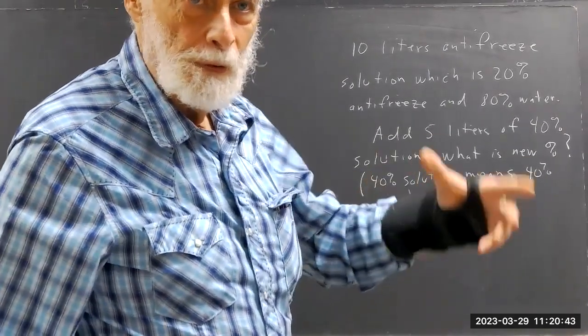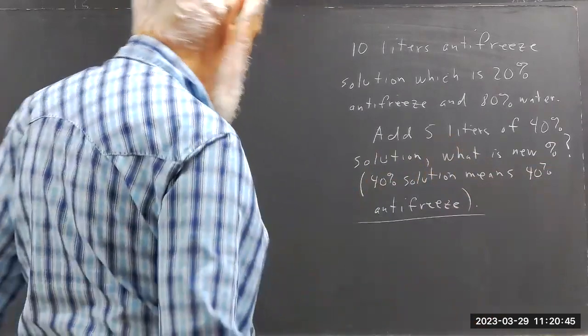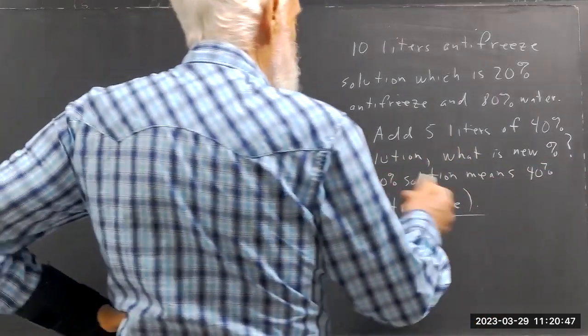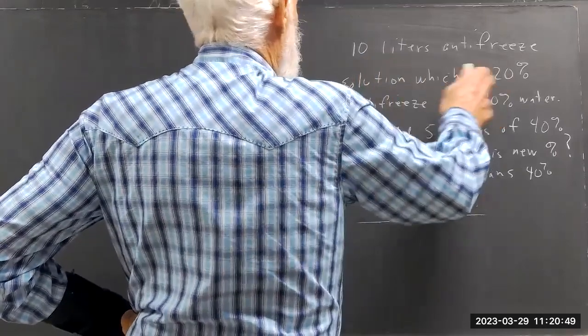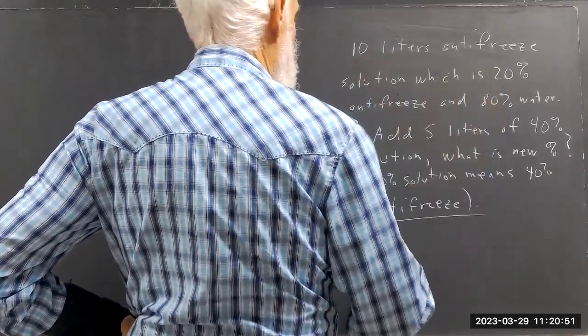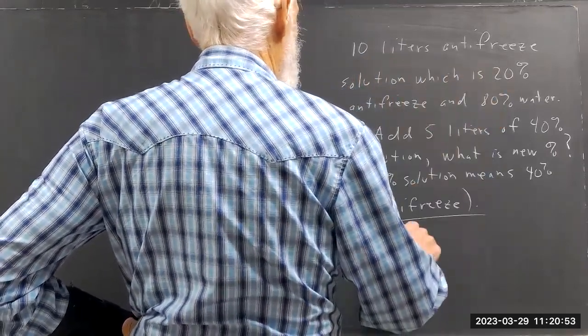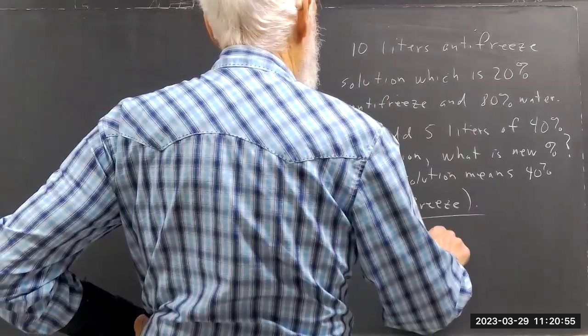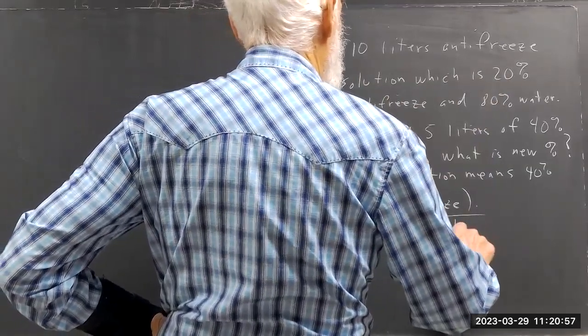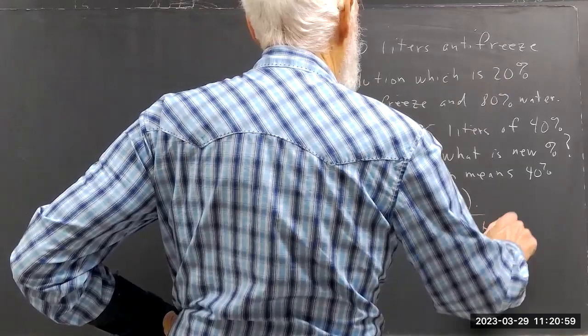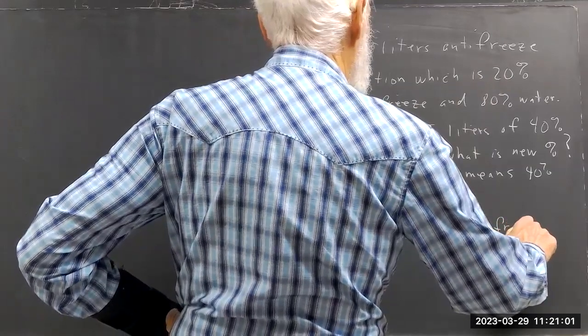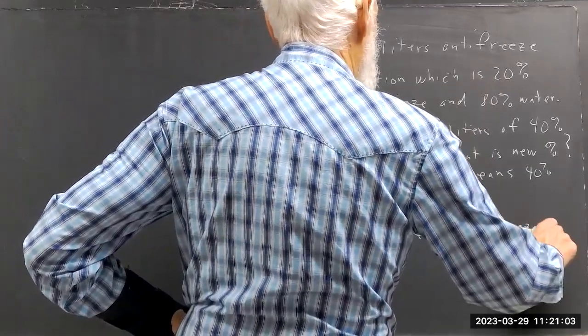But if we stick with percents, we can do it. But here's a repeat. We have 20% solution is 1/5. One-fifth antifreeze.